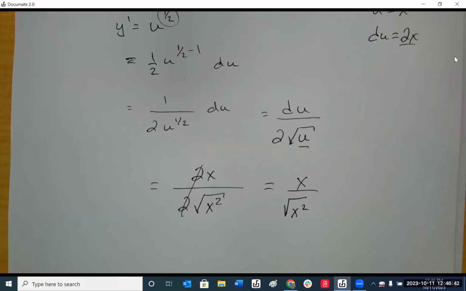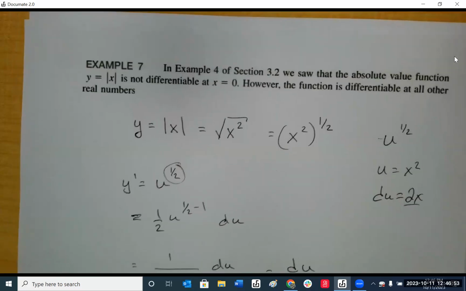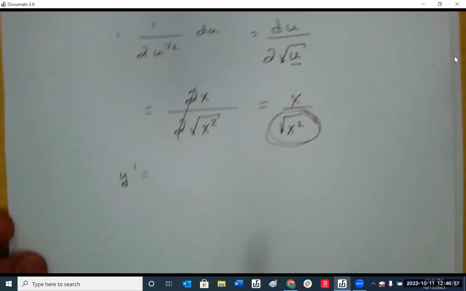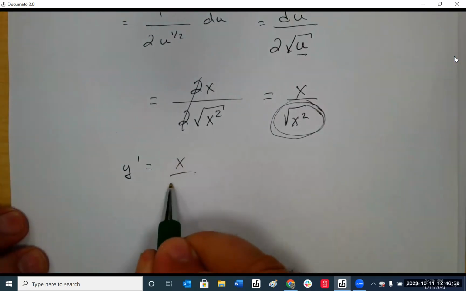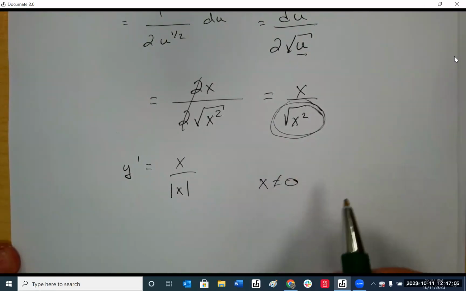So what's the answer? What is the square root of x squared? No. Because we're taking the derivative of the absolute value, where x cannot equal 0.